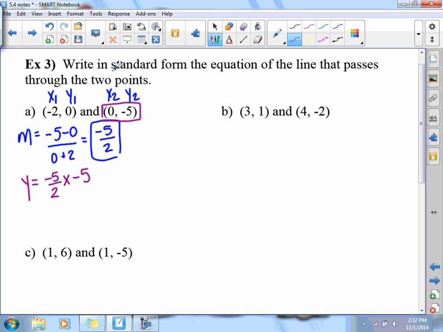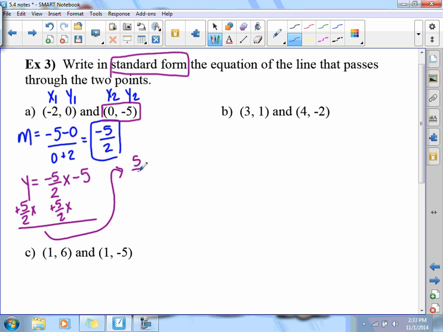Now I still have to write my final answer in standard form. So once I get it into slope-intercept form, then I have to do what we did in example 1, where I have to add the 5/2 x over, so I get the x's and the y's on the same side. So let me finish my work up here.